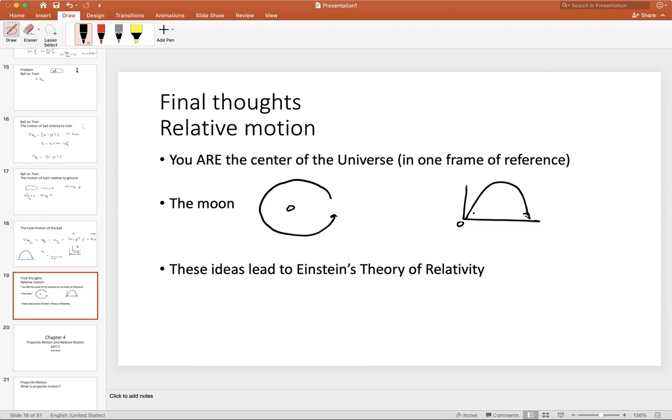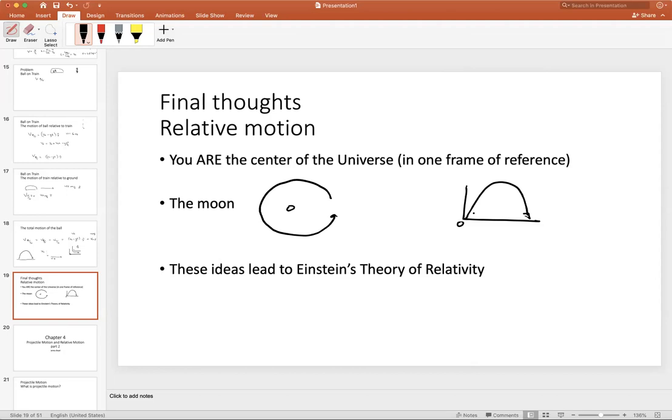So go back and look at the car and the truck example. Look at the boat and the river example. The plane example probably isn't all that helpful. It's a little too complicated, but the boat and the river and the car and the truck definitely show you how to use relative motion and to be more precise about what you're talking about. Are you at rest in the car?